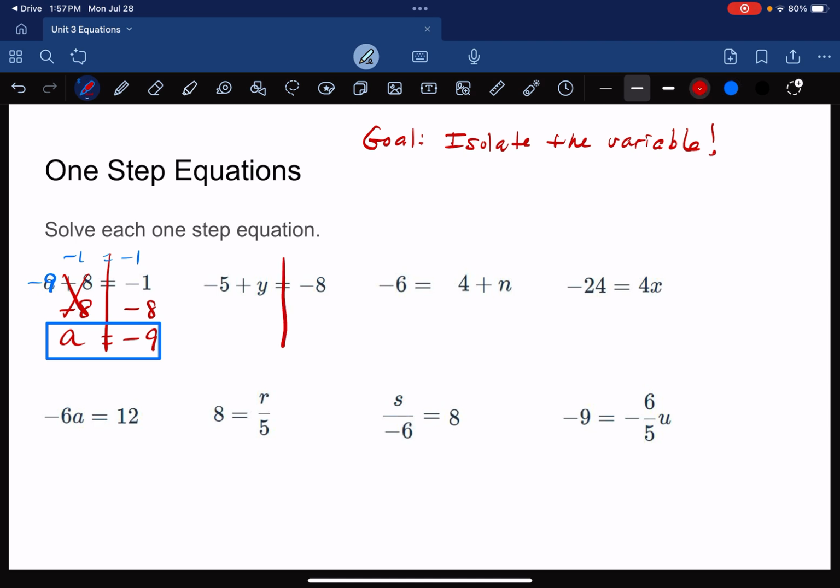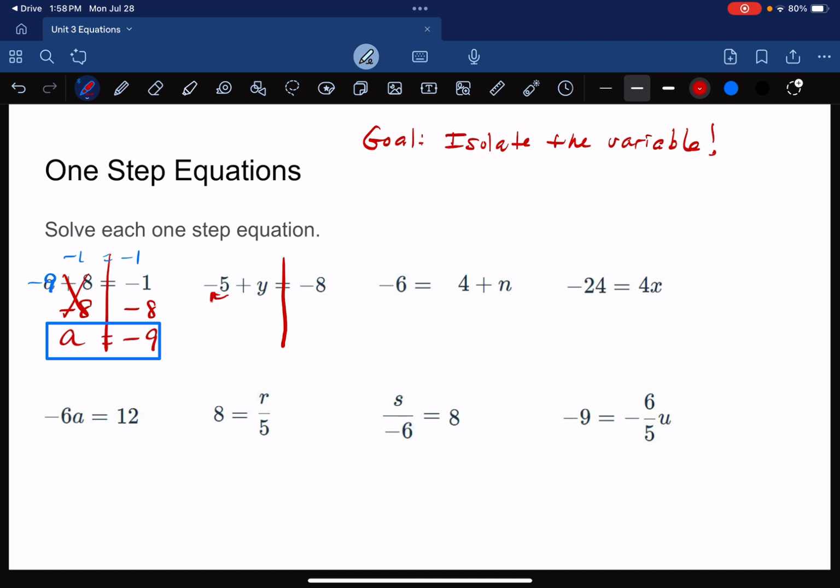Look at the next one. I've got a y on the left, and I've got a -5 on the left. I've got to get rid of that -5. So you're looking in front of it to think, what do I need to do? What's the opposite operation from the sign in front of the value I'm trying to move? You don't look at the one between the 2. Over here, the plus sign was between the a and the 8, and the reason I did a minus is because to the left of the 8 is a plus.